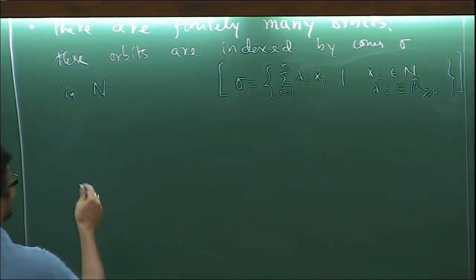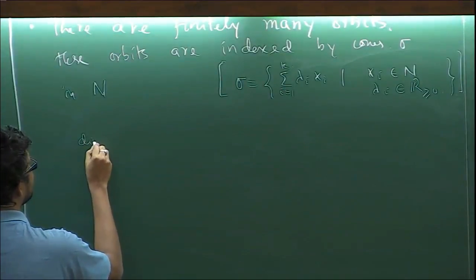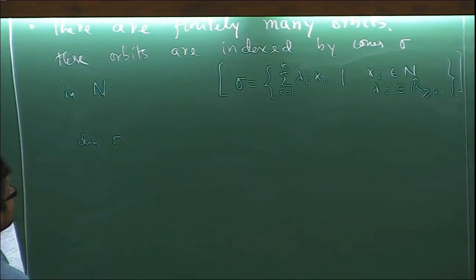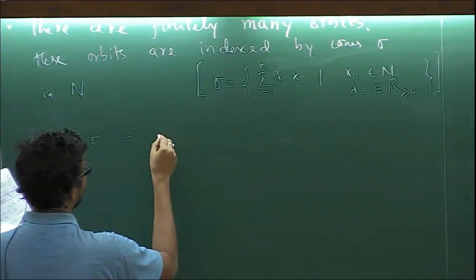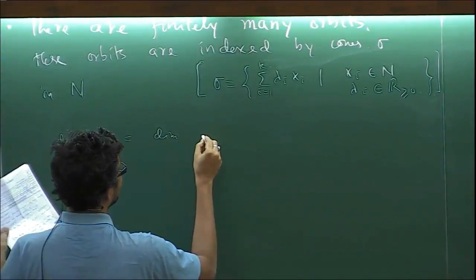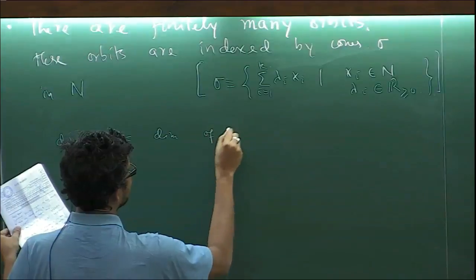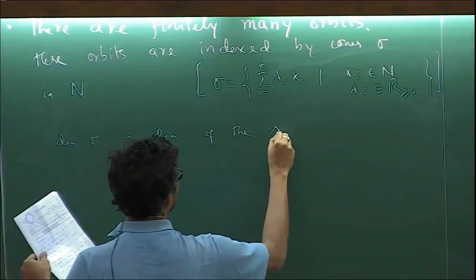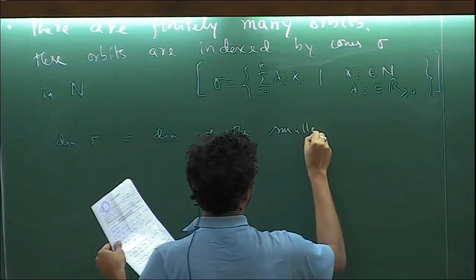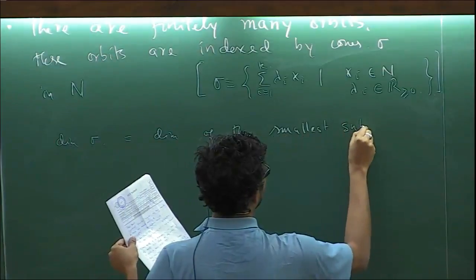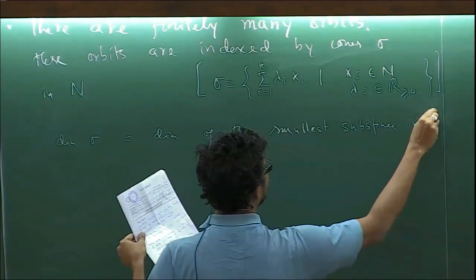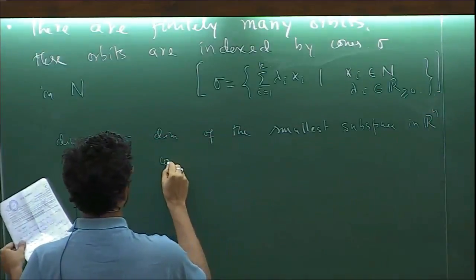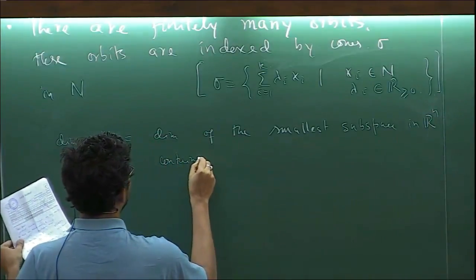And I need the dimension of sigma. The dimension of sigma is the dimension of the smallest subspace in R^n containing sigma.